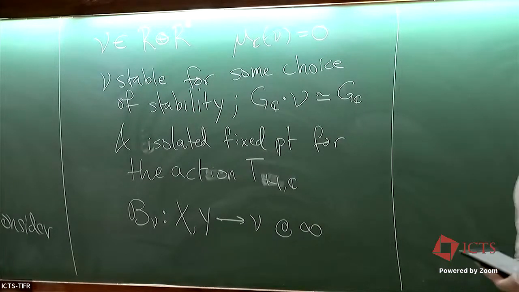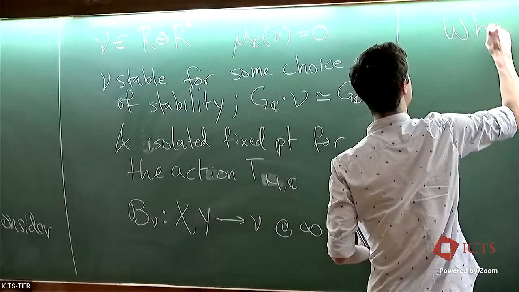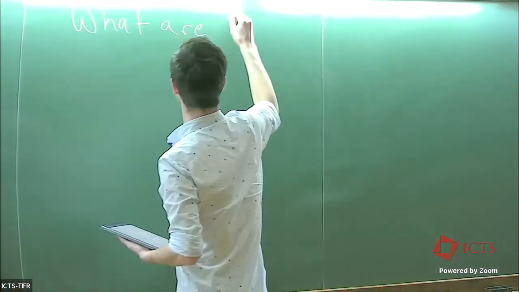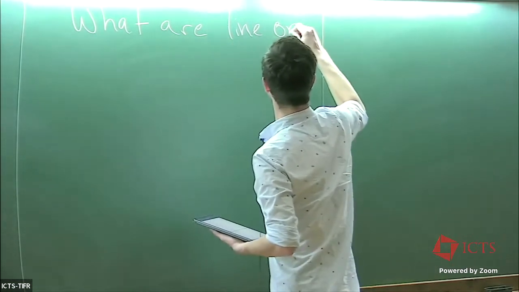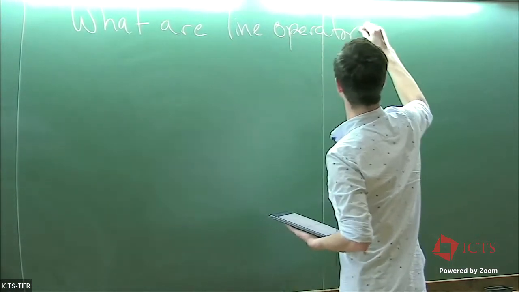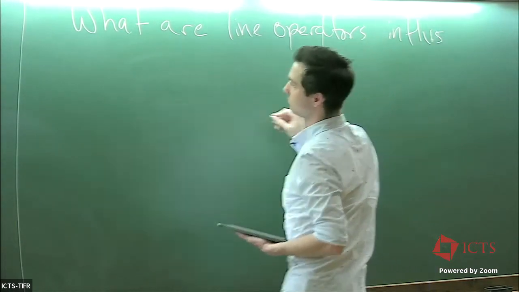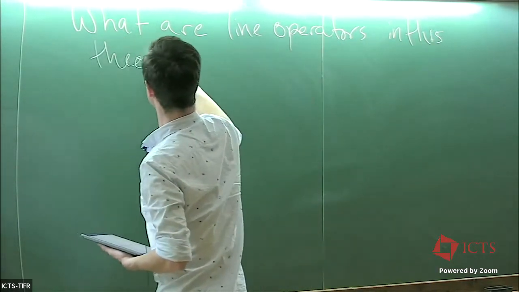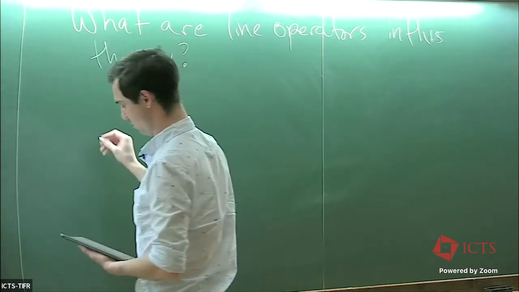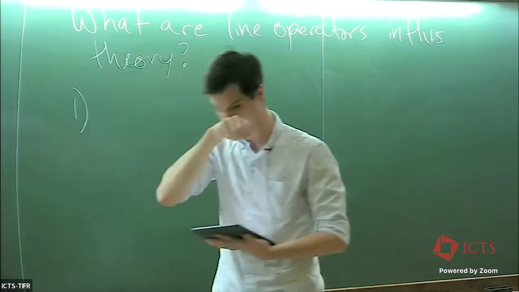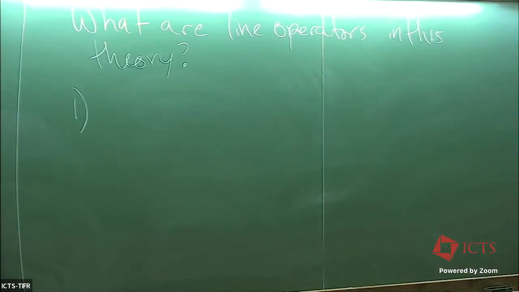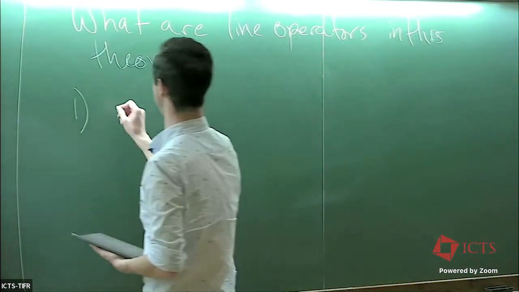So with that, now we need to ask, what are line operators in this theory? And there's two complementary perspectives. The first one is we can couple our three-dimensional theory to an auxiliary one-dimensional theory sitting on this line that we have here.